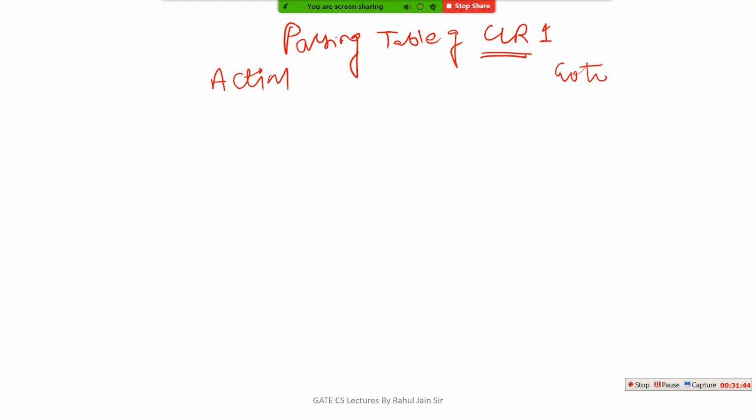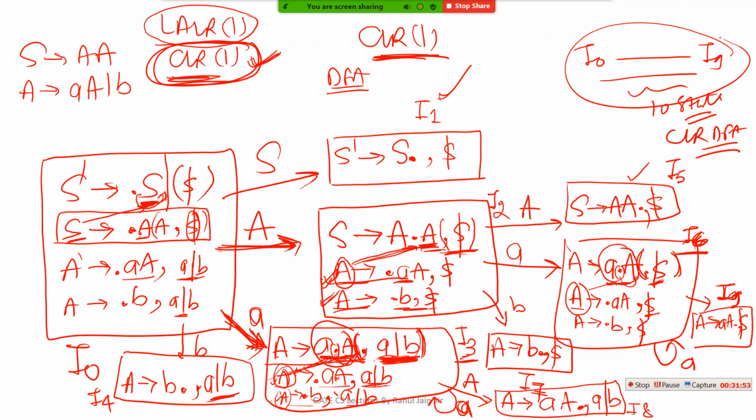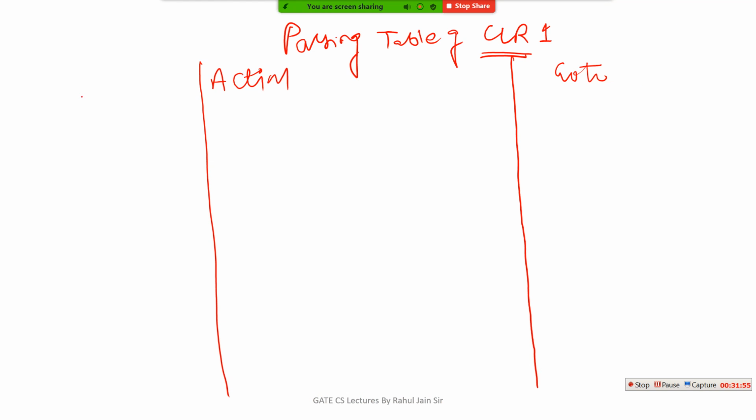Again, focus here. Parsing table of CLR1. You know, one side is the action side, another side is the goto side. How many states do I have? From I0 to I9, in total I have 10 states.